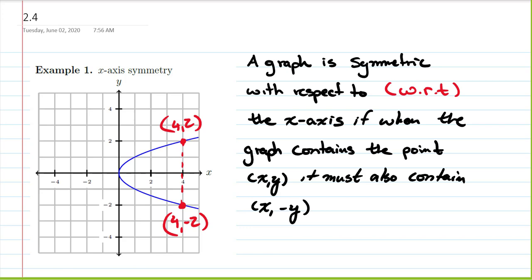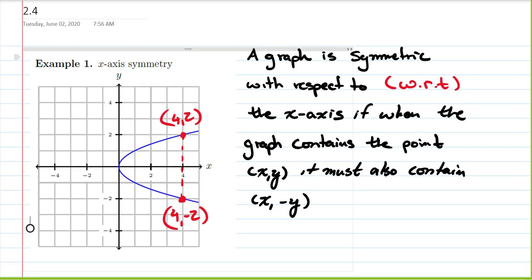So imagine this line of symmetry is if we were to fold our graph across the x-axis, you'll notice that the point 4 negative 2 would fold and land exactly on the point 4 comma 2. Similarly, here we would have the point 1 comma 1.